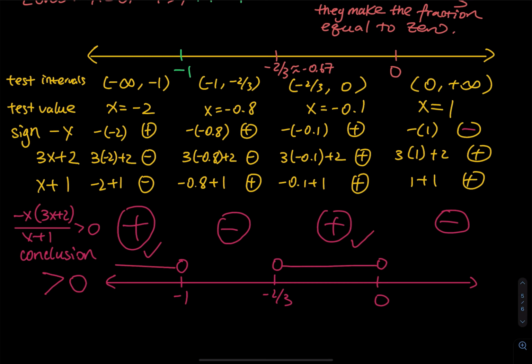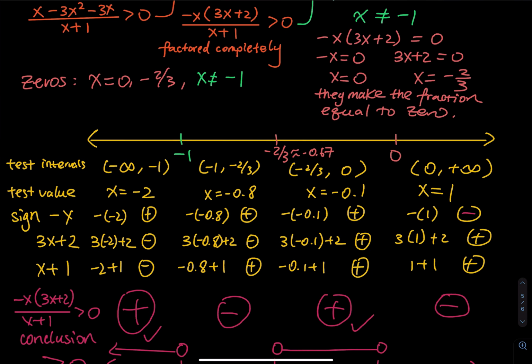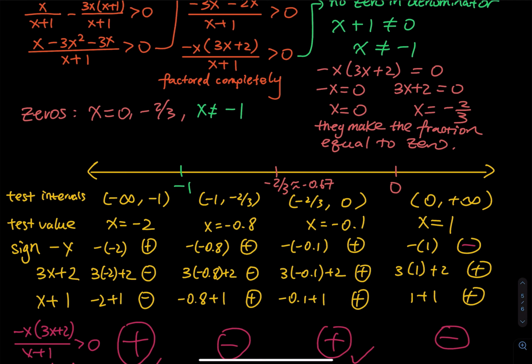Do we use any solid circle? The answer is no, we do not use any solid circle. Why? Because there is no equal. Okay, another what if? What if there is an equal? So if there is an equal, do you see that when x equals 0 and negative 2/3, we have a 0 on top.